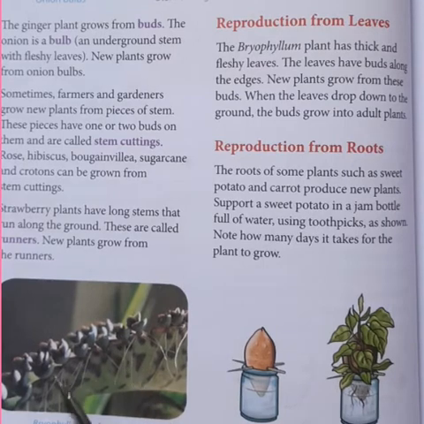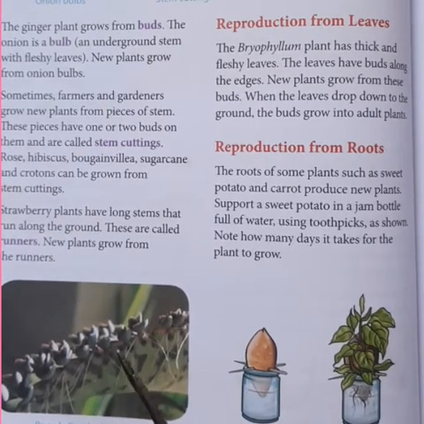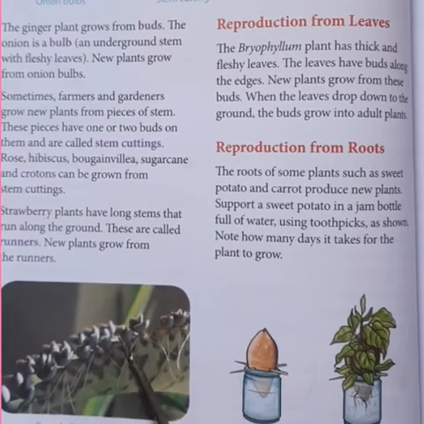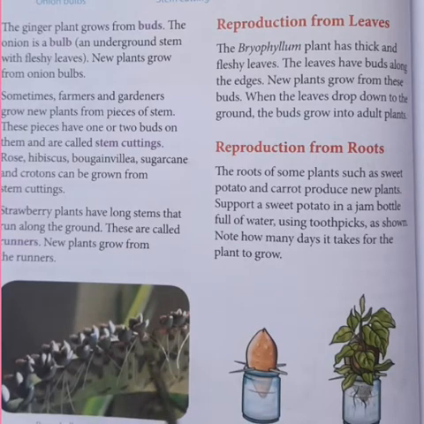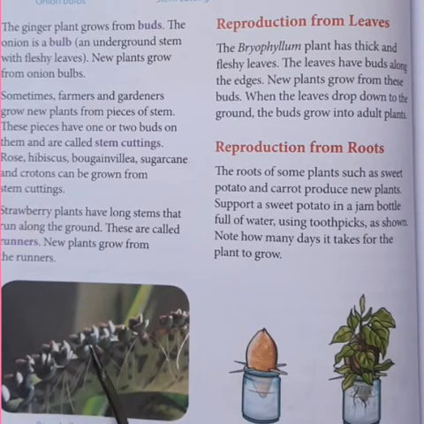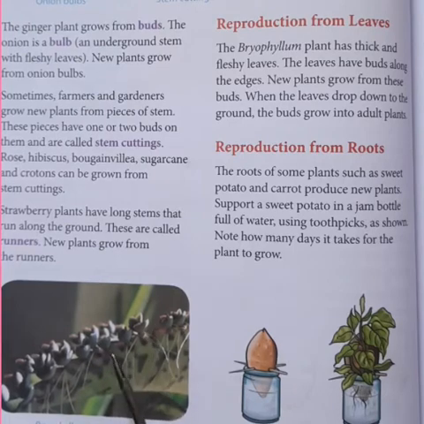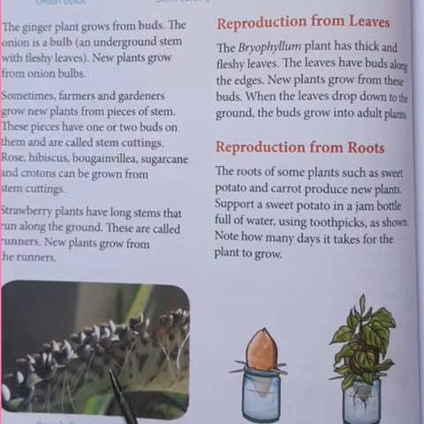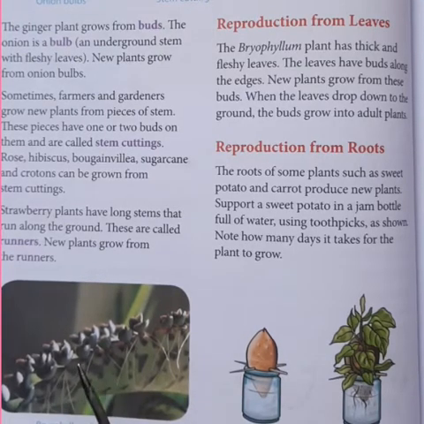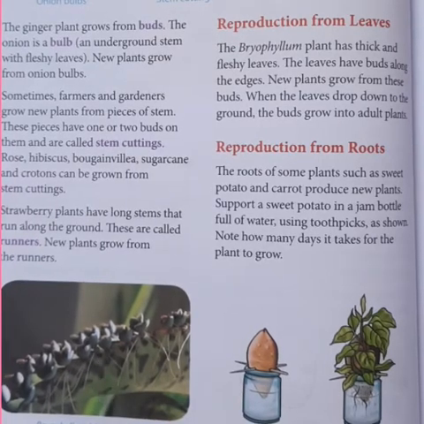There is a plant called bryophyllum which has thick and fleshy leaves. The leaves have buds along the edges. In the margin of the leaf, you can see buds coming out. These buds will grow into new plants when the leaf drops down onto the ground. These buds grow into adult plants.